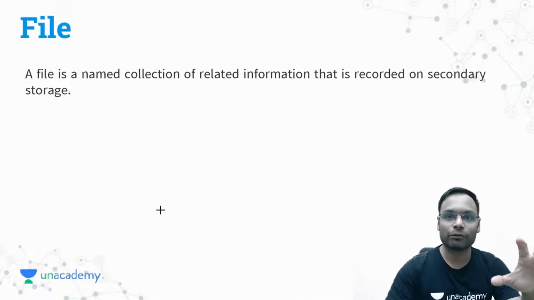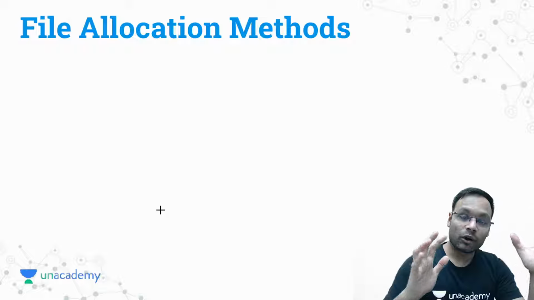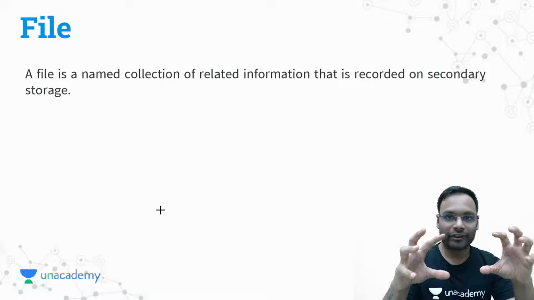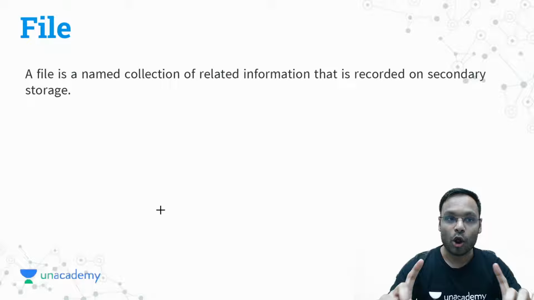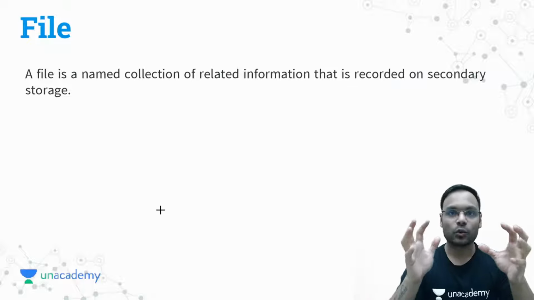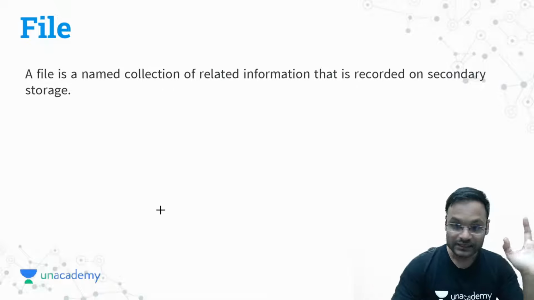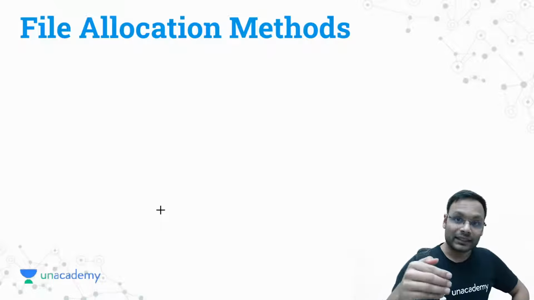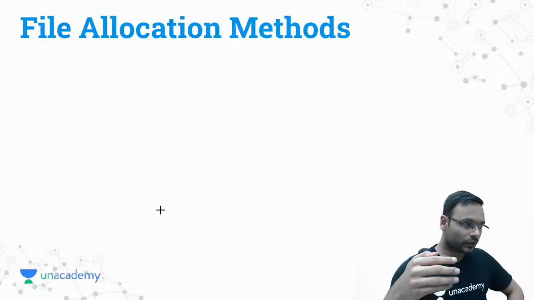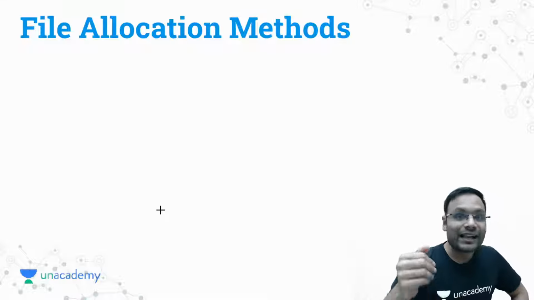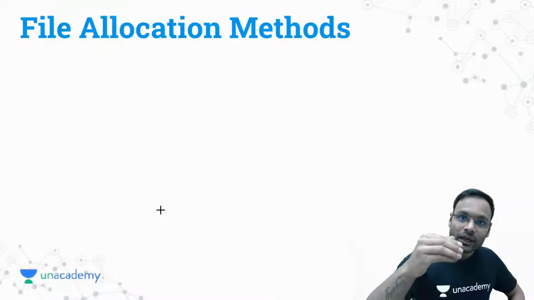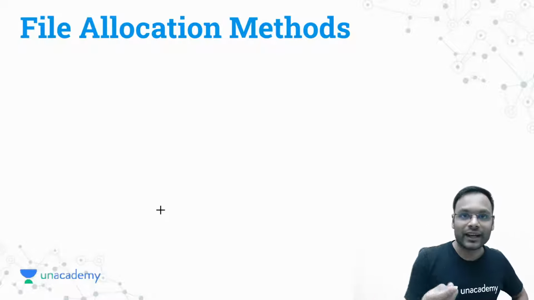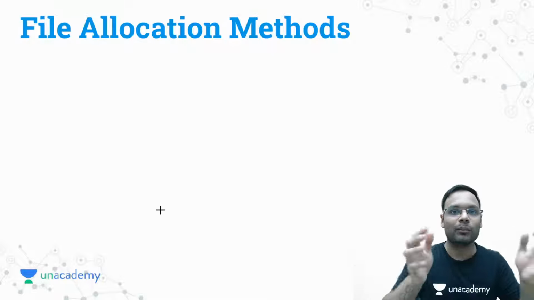So we were talking about files and their storage. As I have already told you, the disk in logical formatting we will have to divide into multiple blocks, so that over those blocks we can store the data, we can store the files. Now the file allocation method we are going to learn: when there is a particular file system, that file system selects which block to store a file if the file is larger than a block.